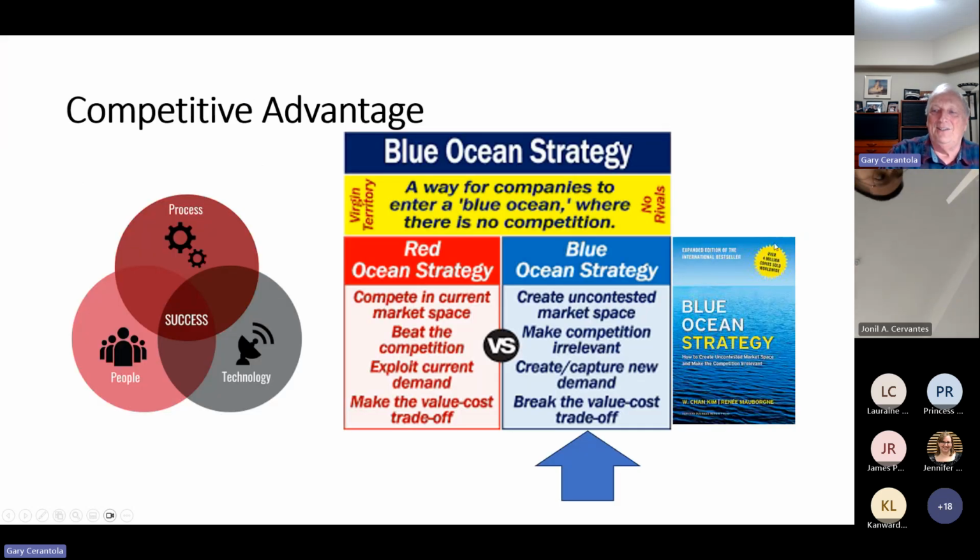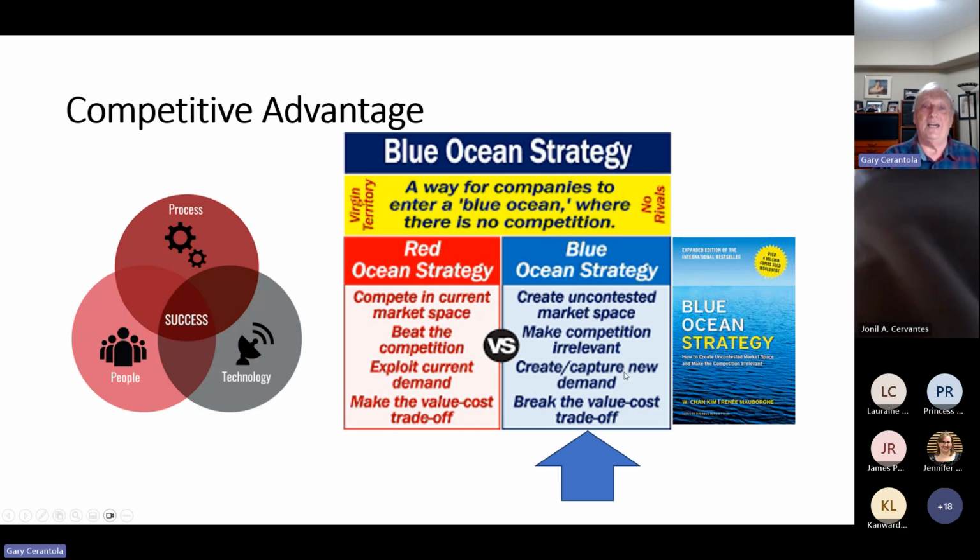And here, when I talked about blue ocean strategy, really what blue ocean strategy is, is trying to find a market that no one's in. It's uncontested, so that you make competition irrelevant. You're first in, and you've really discovered, through the analysis of your value proposition, what pains you can relieve and what gains you can create to attract those customers, like no one else can, and then create and capture that demand.